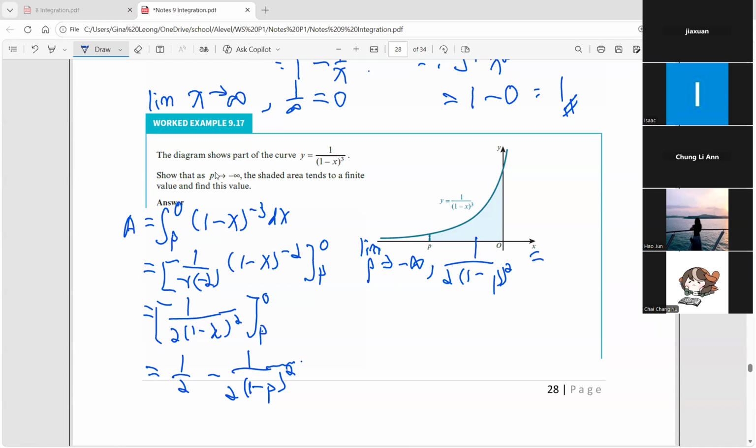I can just press the calculator to show, to try to understand for myself. 1 over 2, bracket, 1 minus, negative 99999, a lot of 9s, then the whole thing I need to square. So 1 over 2, 1 minus, I put x squared, negative 99999.